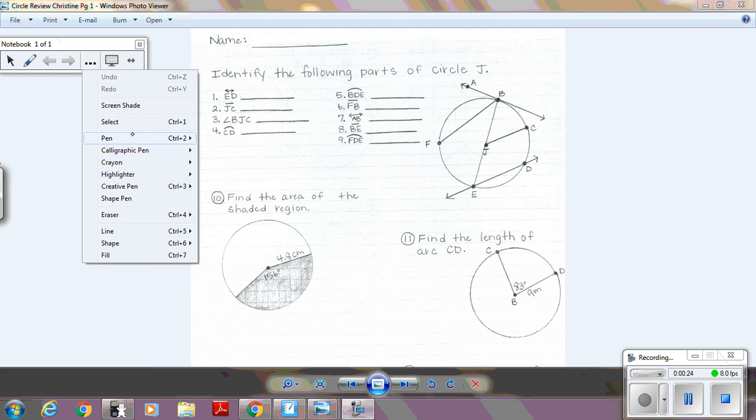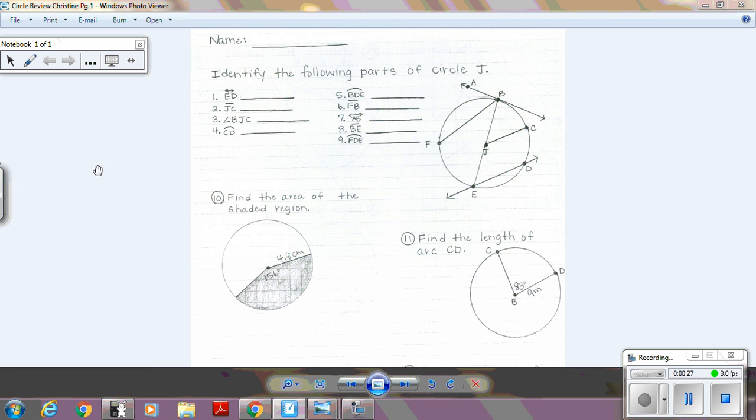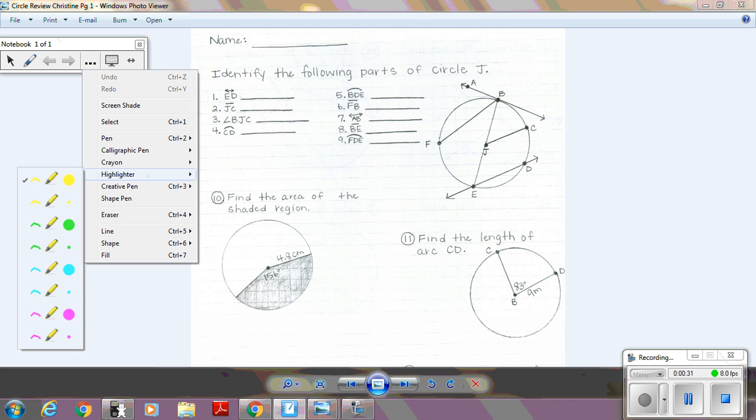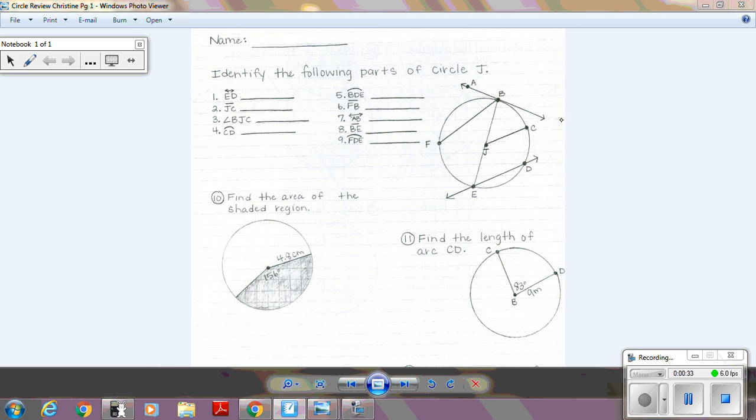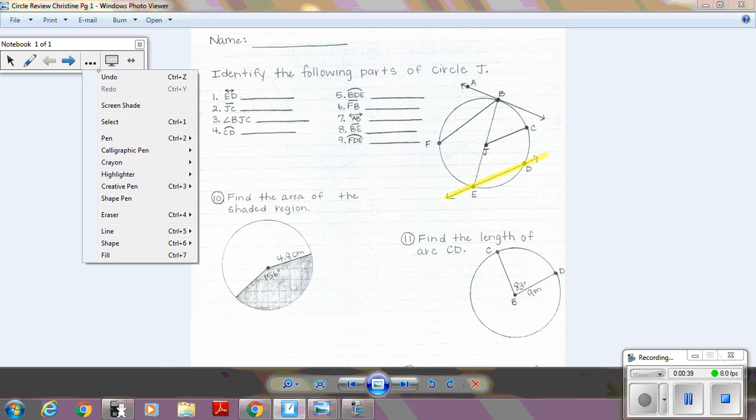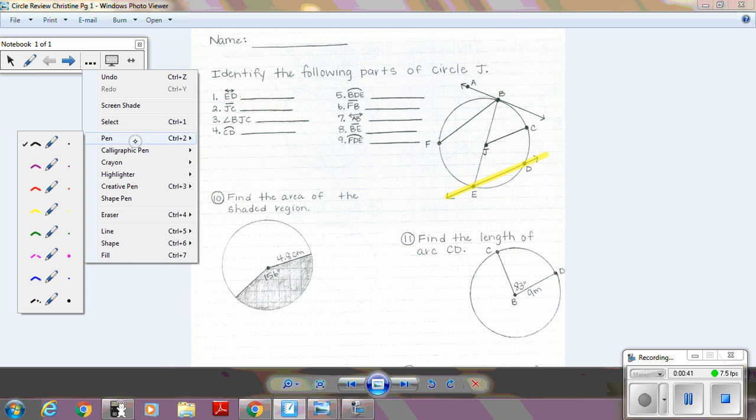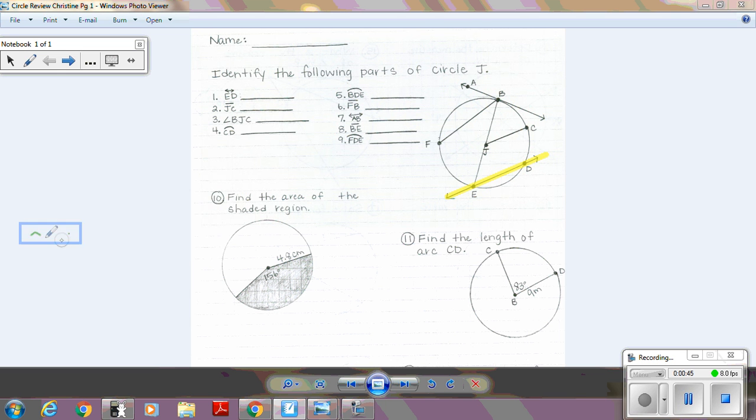The first part is line ED, which is right here. Since line ED is touching the circle in two places, line ED is a secant.